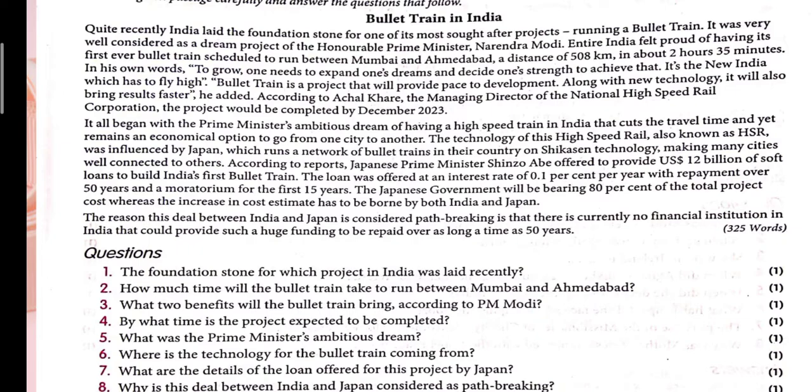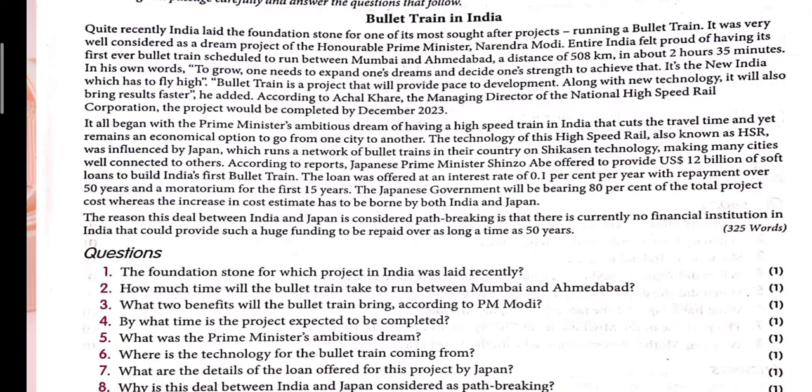According to a report, Japanese Prime Minister Shinzo Abe offered to provide $12 billion of soft loans to build India's first bullet train. The loan was offered at an interest rate of 0.1% per year, with the repayment over 50 years and a moratorium for the first 15 years.